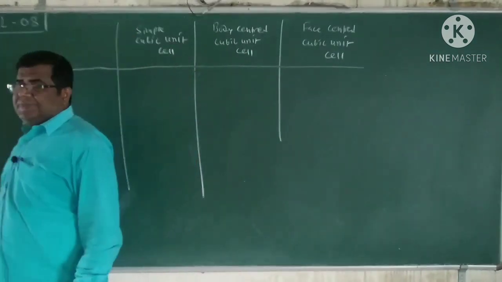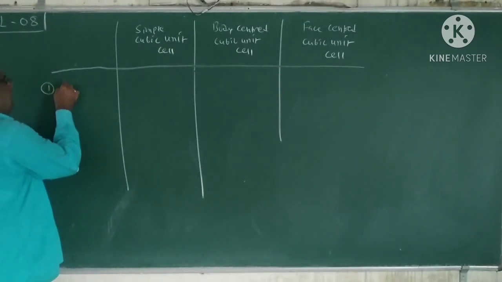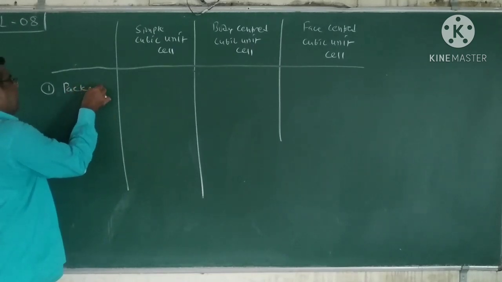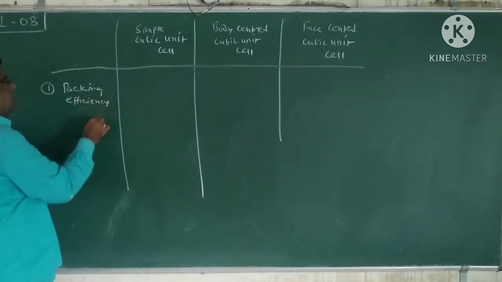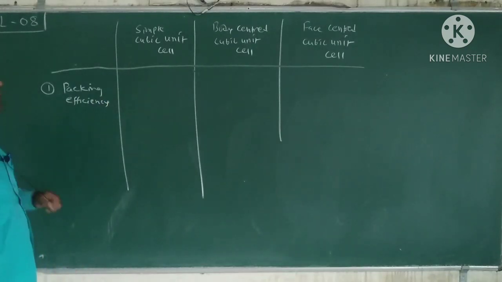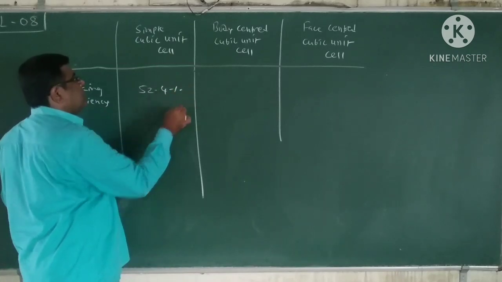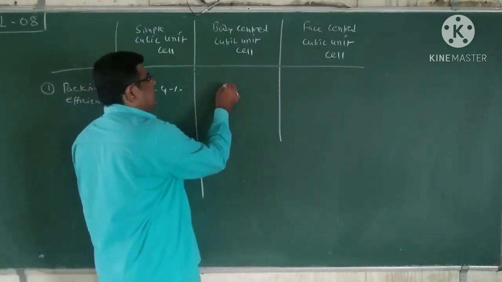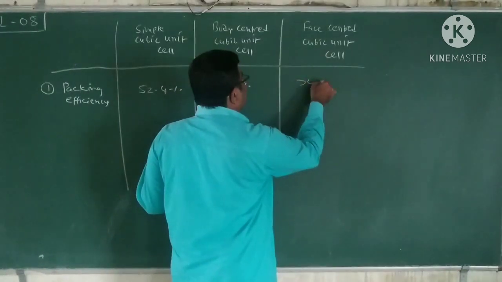The first point is the packing efficiency. Packing efficiency of simple cubic unit cell is 52.4%. That of BCC is 68%. That of FCC is 74%.